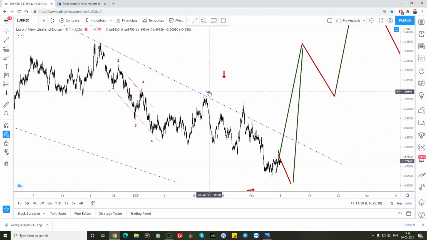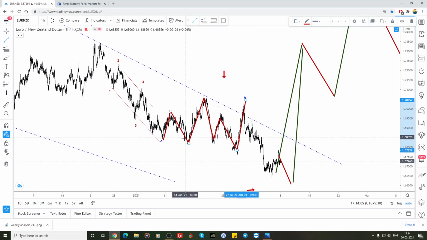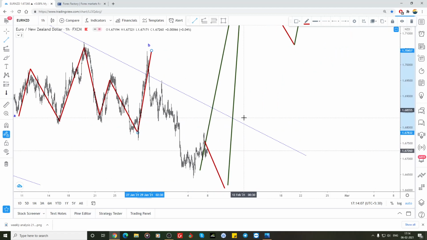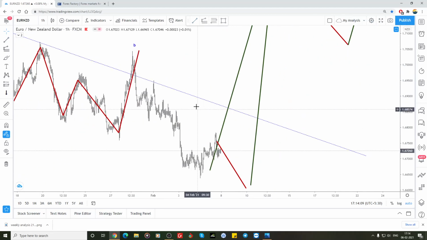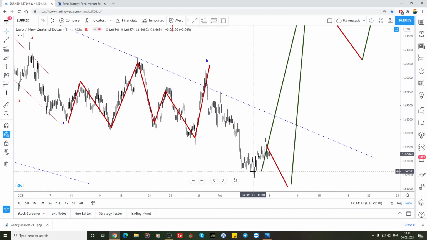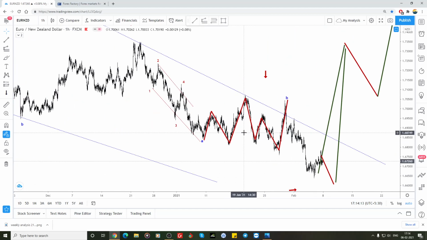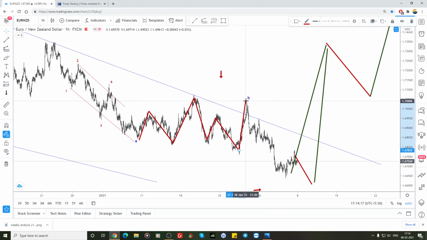And how it looks now, this is the end of the A now. So this is the B, and C is completed here. It looks like that. See, I'm not coming to a conclusion yet.